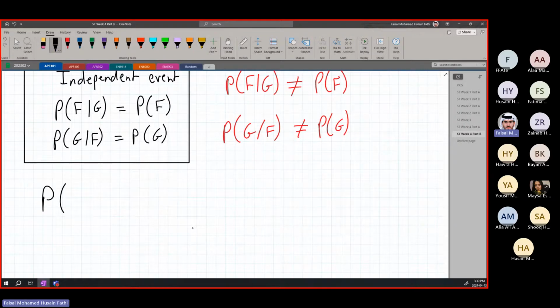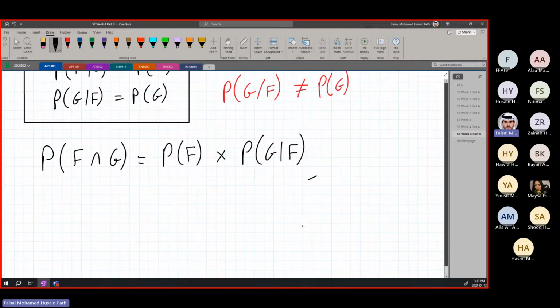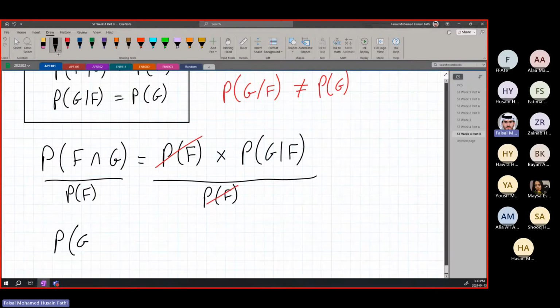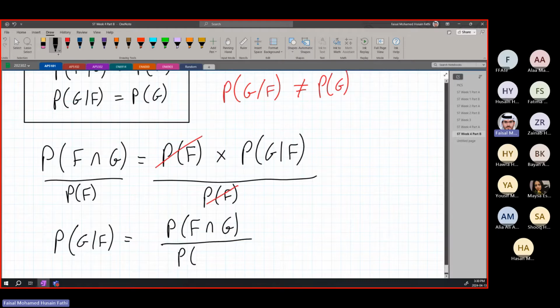P of F intersection G is equal to P of F, or P of G, it doesn't matter, times the probability of G occurring after F. Let's solve for P of G given F. So if we do that, we have to divide both sides by P of F. This P of F will cancel over here, and we will remain with the conditional probability of G given F is equal to P of F intersection G over P of F.